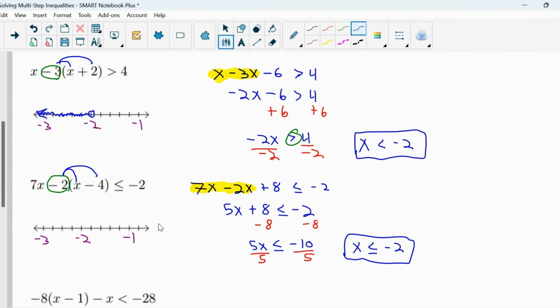We have an equal to symbol, so we will have to plot a solid point at -2. Our variable is on the left side, so let's shade the direction that our inequality is pointing, which would be to the left or the negative direction.